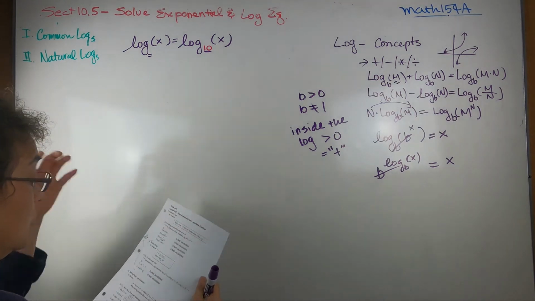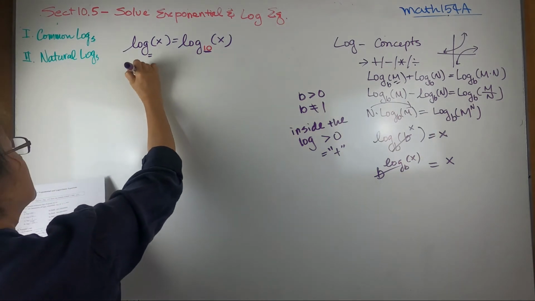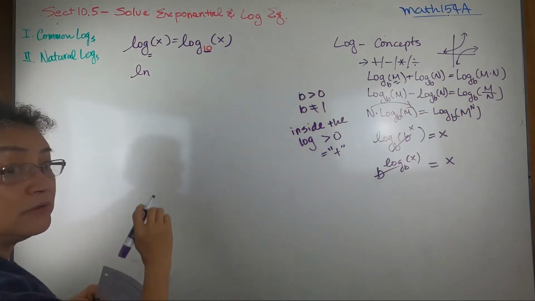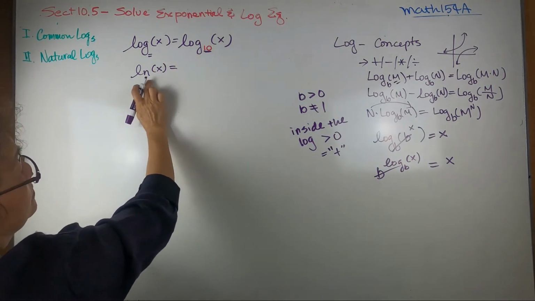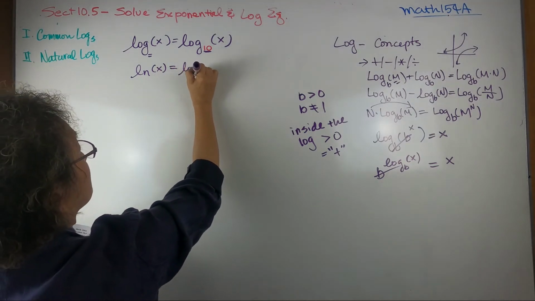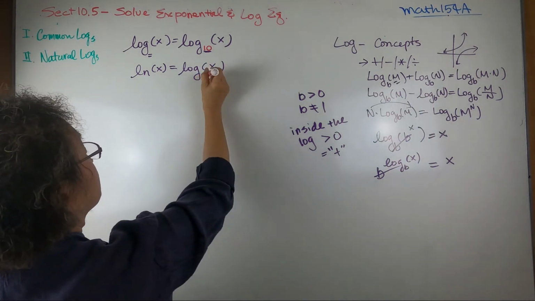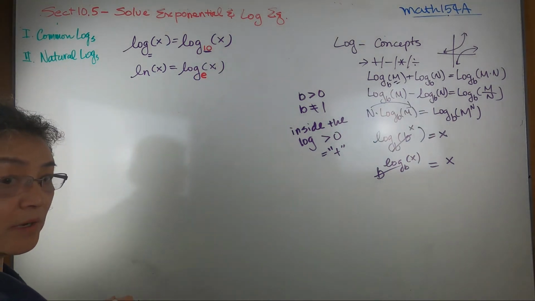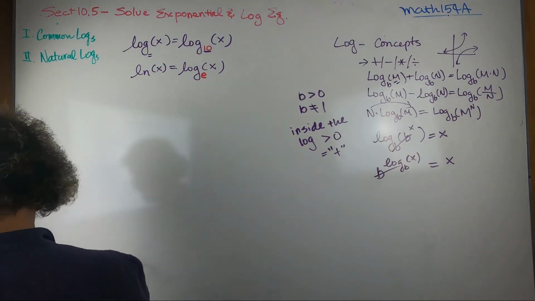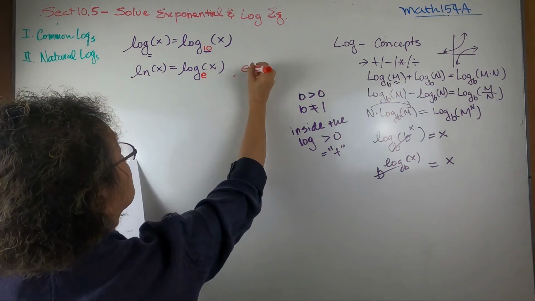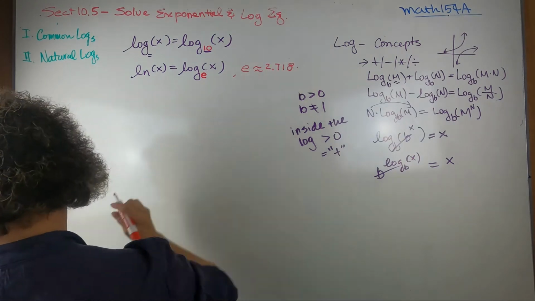Also, natural log is this way. If you see ln x on your calculator, it doesn't have a base here. It means log base e. So e is a number we did last time. E is about 2.718 decimals.